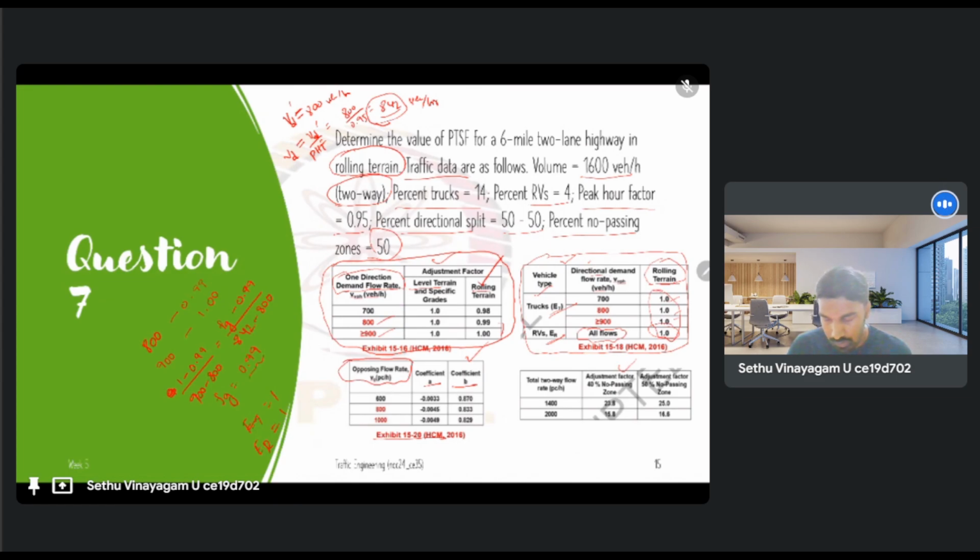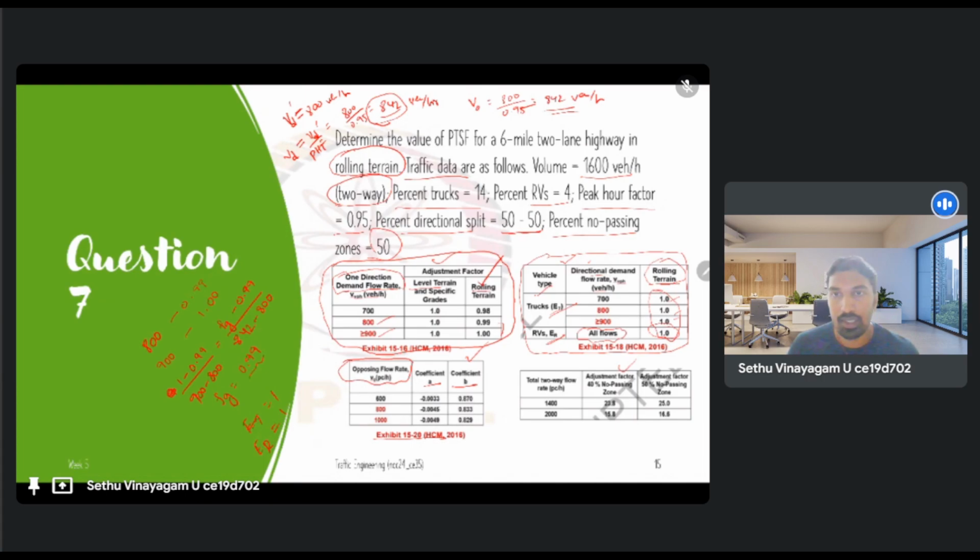So what is the opposing flow rate in our case? It is also 800 by 0.95, which is 842 vehicles per hour. Why? Because we have a 50-50 split. So the direction in which we are analyzing and the opposite direction are carrying equal flows, and their flow rate is also the same. Therefore 842 is the flow rate in the opposite direction as well.